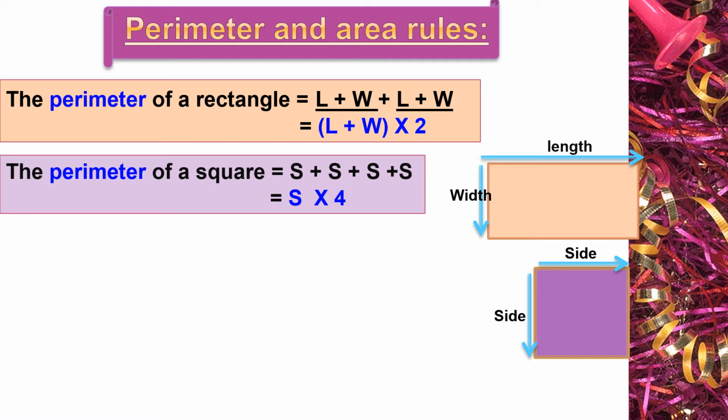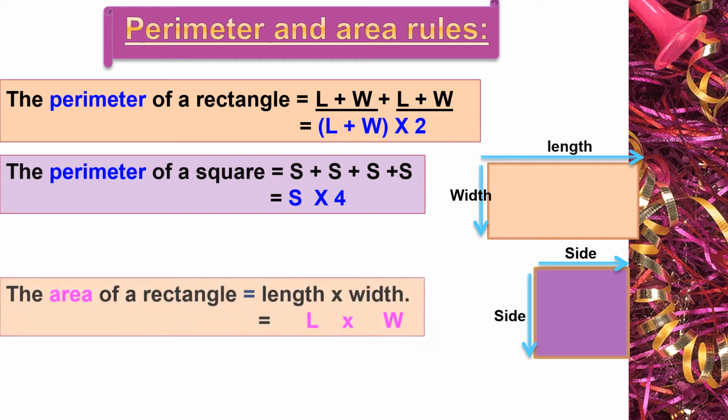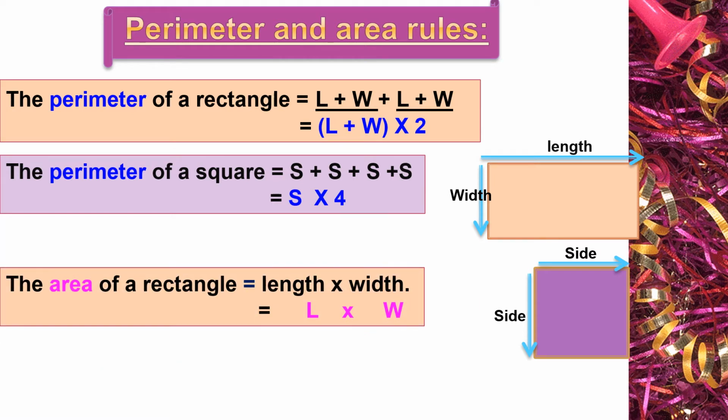But if I don't have rows or columns, the area of any rectangle will be length times width. I can't multiply rows by columns, so I will multiply length times width. We also studied it in the first term. We should memorize it very well. The area of a rectangle equals length times width.